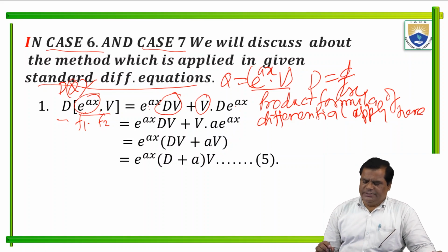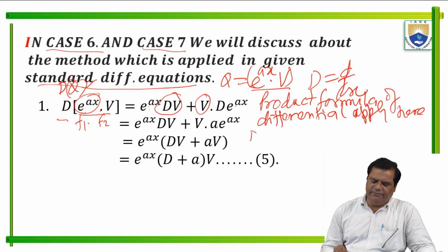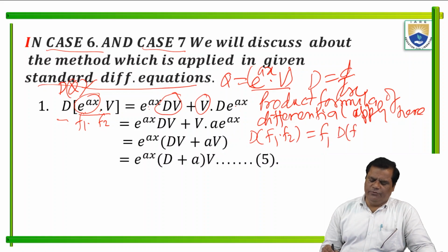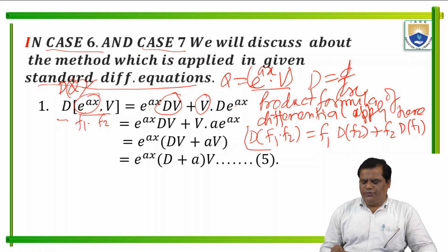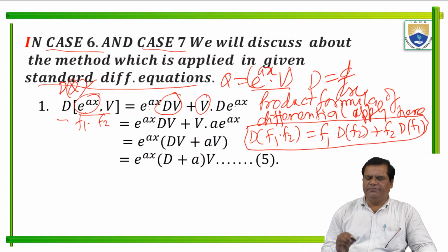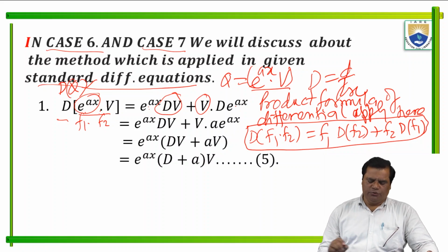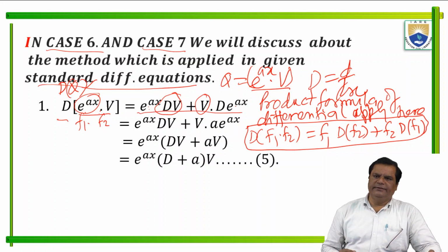The formula of differentiation: the derivative of f1 times f2 equals f1 times d of f2, plus f2 times d of f1. This is the basic product formula between two functions, and we apply the same formula in this line.